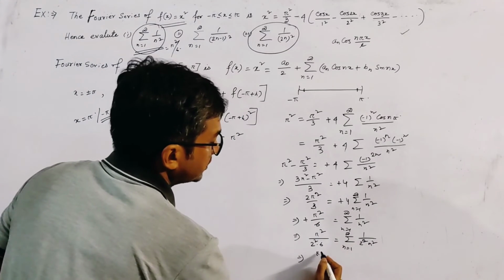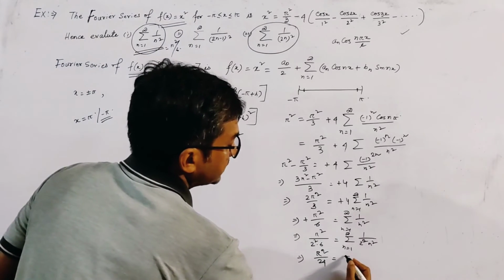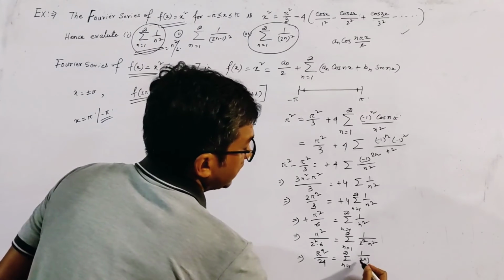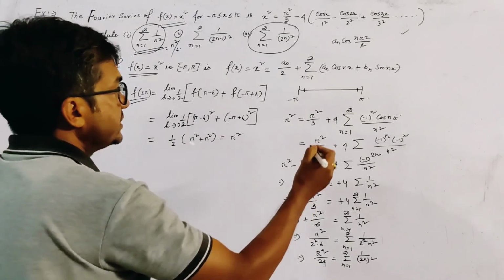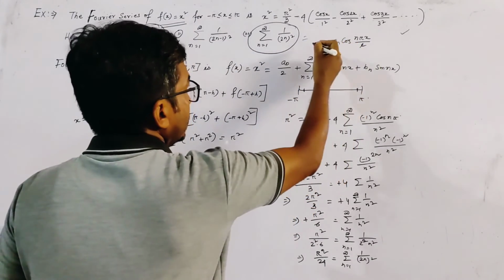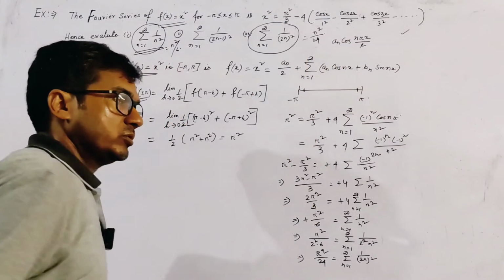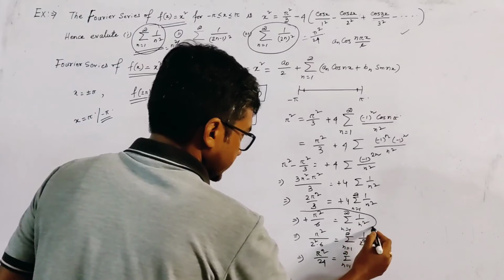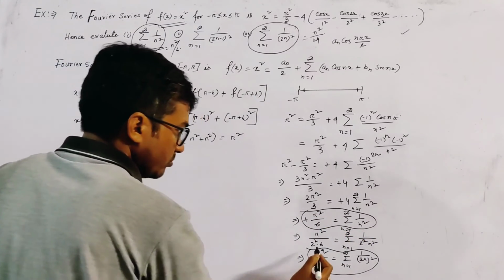So we get pi square by 24, and this is given by summation n equal to 1 to infinity 1 by 2n whole square. So we get the second result, pi square by 24.